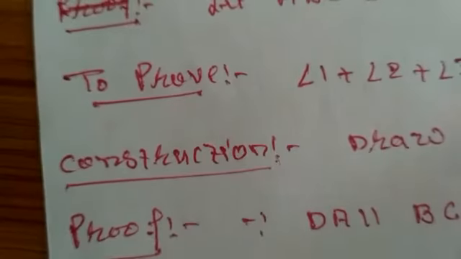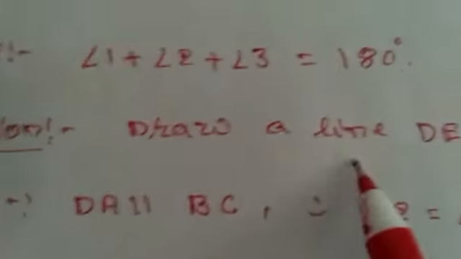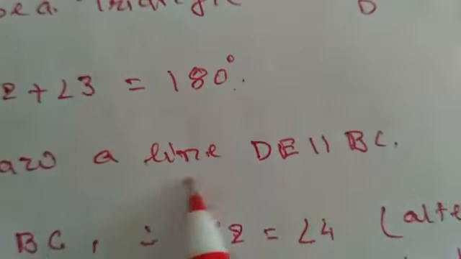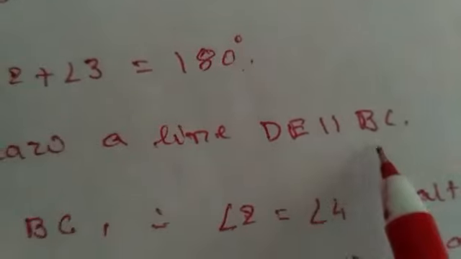Now the next thing is construction, if any. The construction here is, draw a line DE parallel to BC.